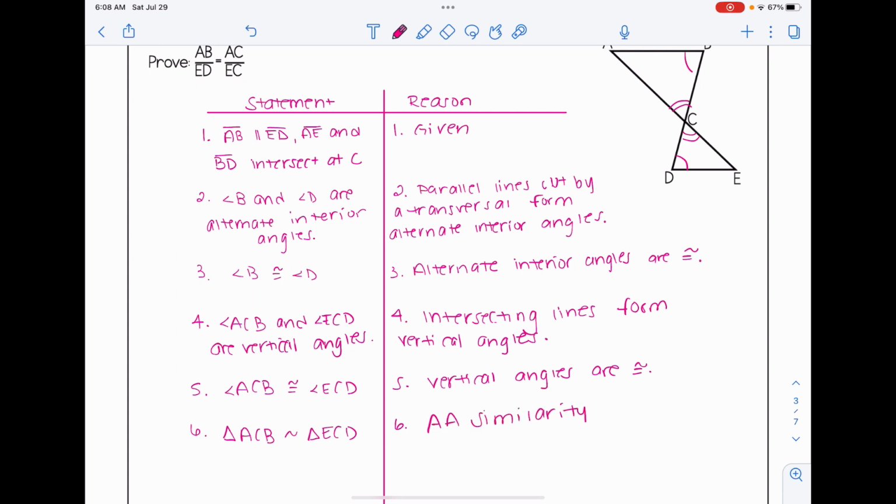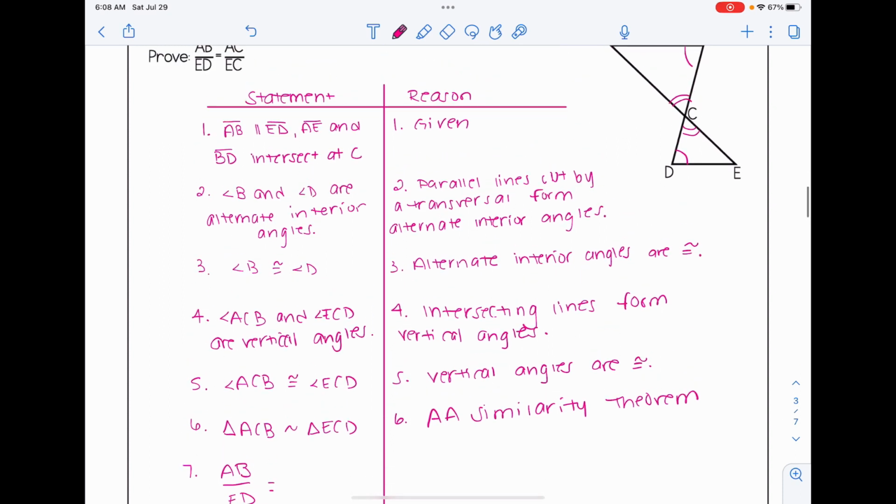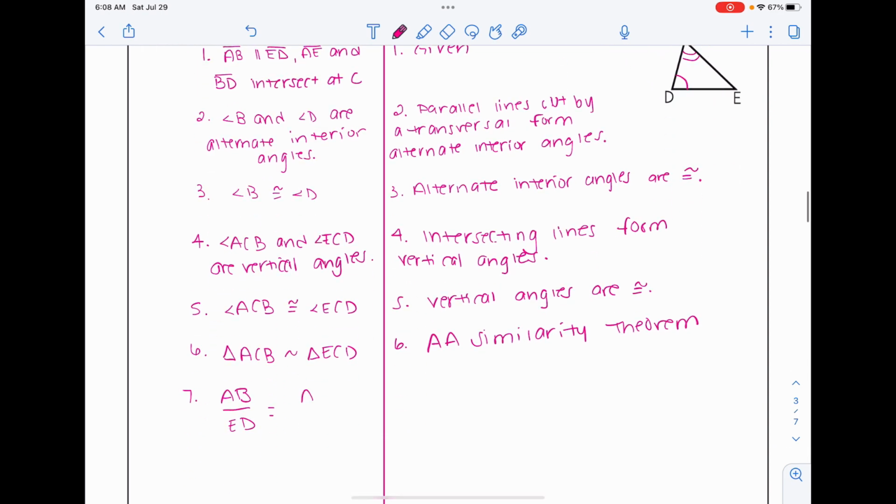You might remember that a proof is always going to end with whatever that proof statement is. So here's my proof statement: AB over ED is equal to AC over EC.